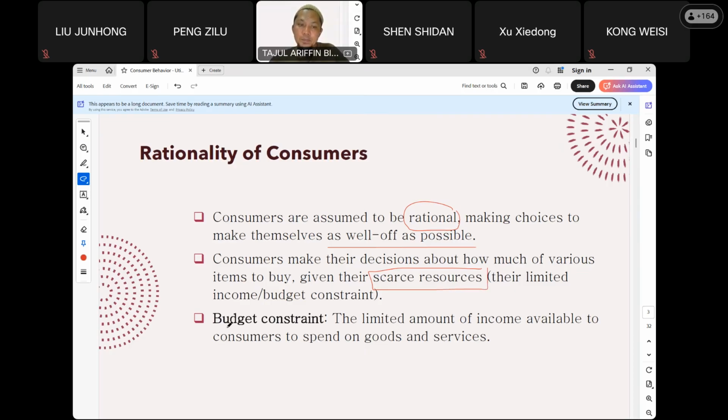So the budget constraint always limits us, and that's why we always have to think. Constraint doesn't always refer to money. We also sometimes refer to time, because every one of us only has 24 hours every day.